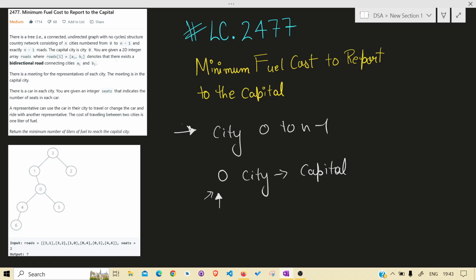Also, to cover the distance between one city and another, you require 1 liter of fuel. In the problem, we are given seats for each representative's car. What we have to do is use minimum fuel and make every representative reach the capital to attend the meeting. That's it. That's what we have to do.